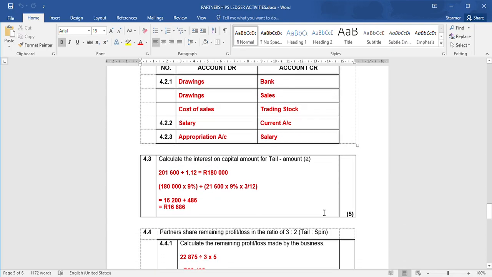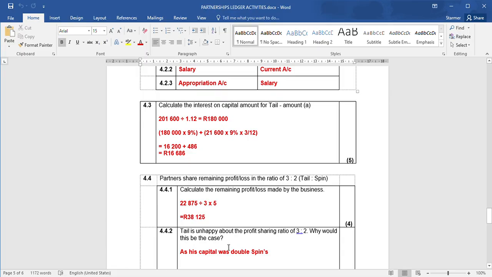So you're going to take the capital figure. That is 112% of what it was before the increase. So if you divide by 1.12, you get the original capital of 180,000. The 180,000 he had for the whole year, so you just multiply that by 9%.